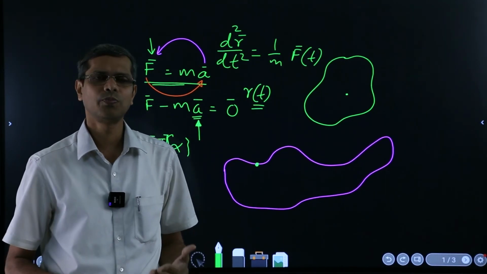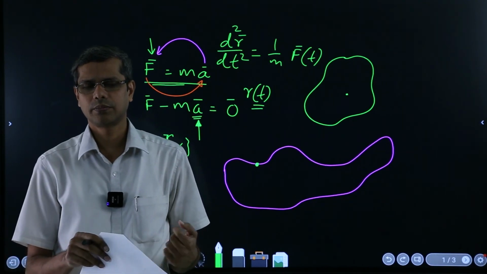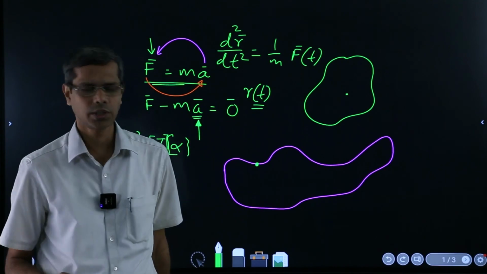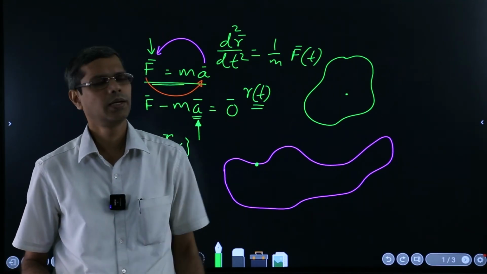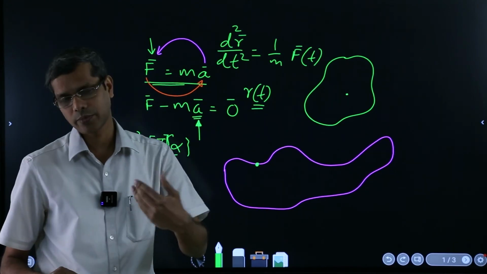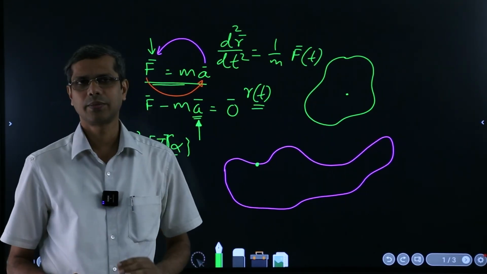Later on we will go to relative velocity. Suppose two bodies are moving with respect to each other, then how they see each other's motion, and how to take differentiations of vectors from one reference frame to the other. All those things will come up, and we will see them segment to segment.